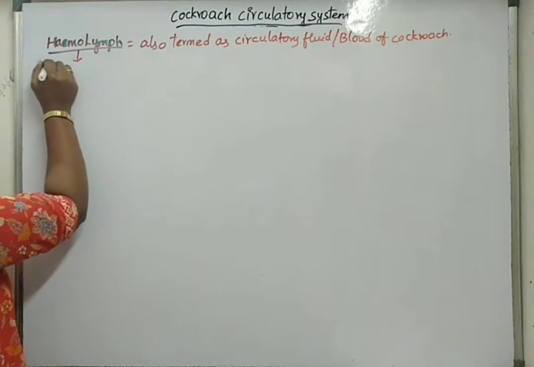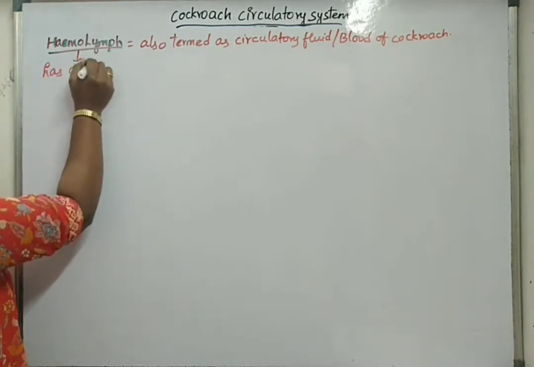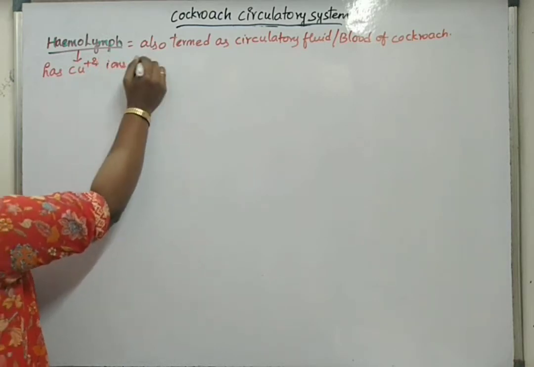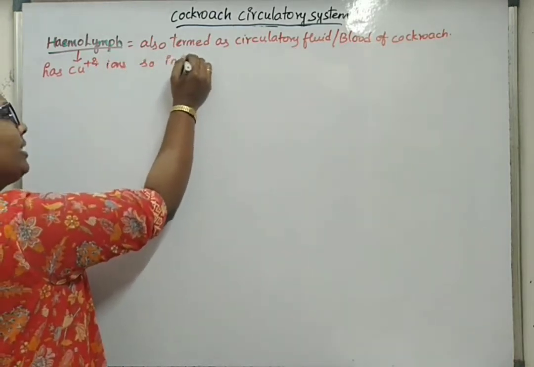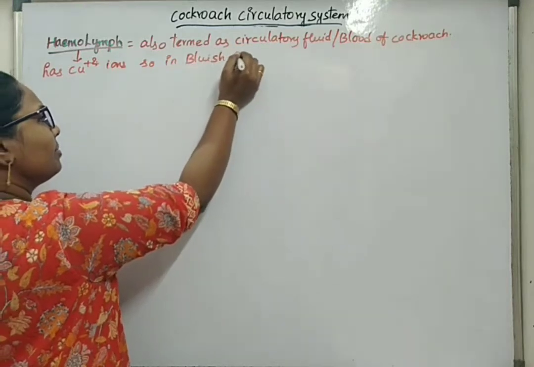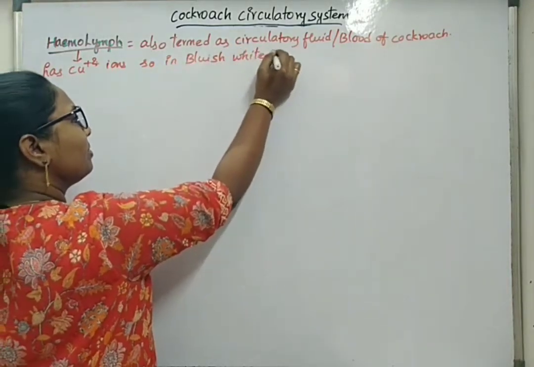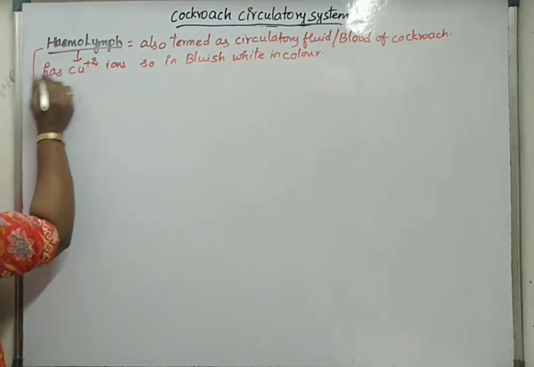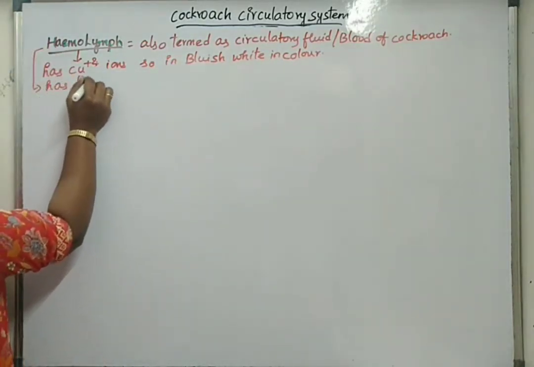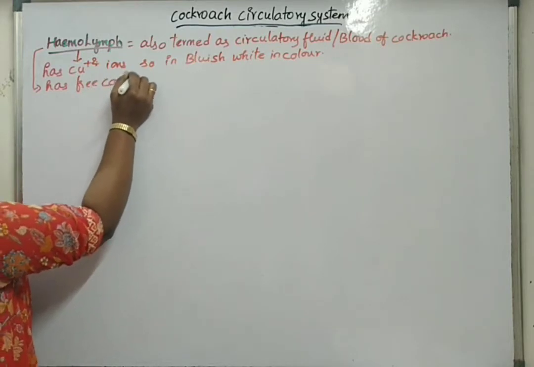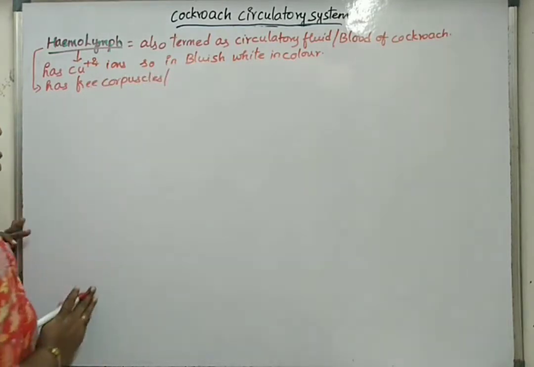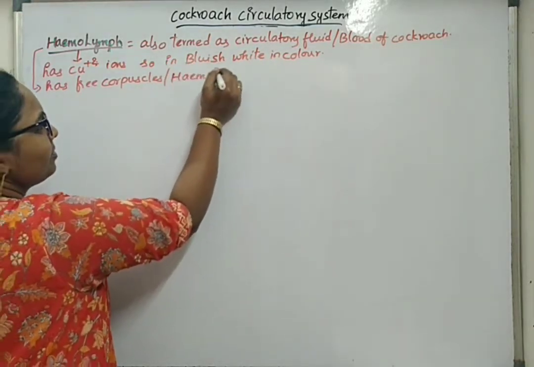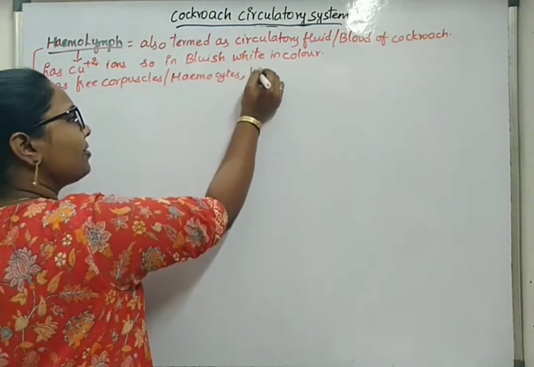This hemolymph has copper ions, so it is bluish white in color. Next, this has free corpuscles, which are also called hemocytes, that are phagocytic in nature.